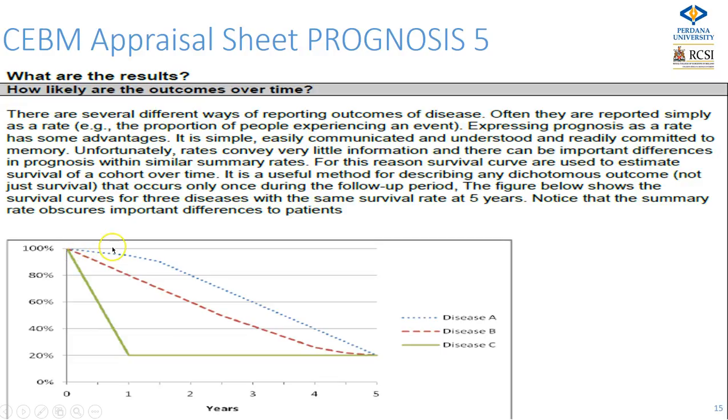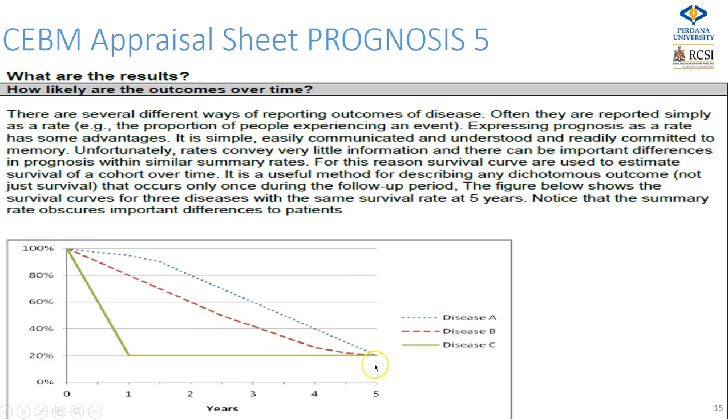Whereas the blue group had maintained their survival rate for quite a while. So by the end of 1 year, there were many more of these alive than the group in green, but gradually this reduced until by year 5, the 5-year survival rate was the same as 20%. And the group in red were intermediate.